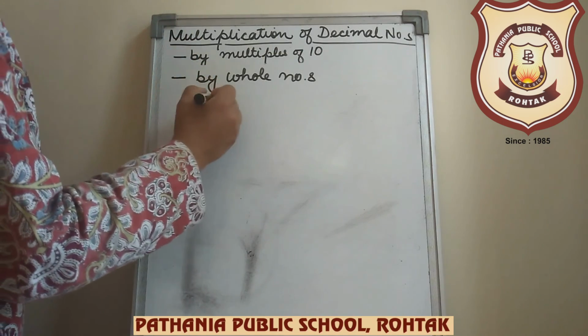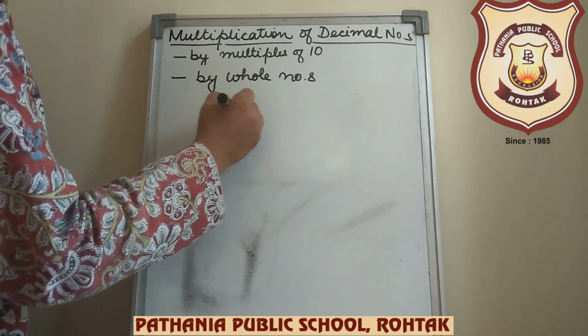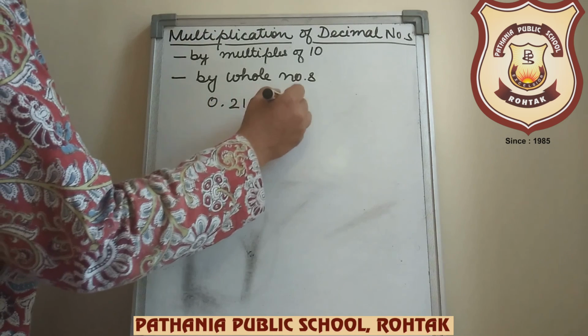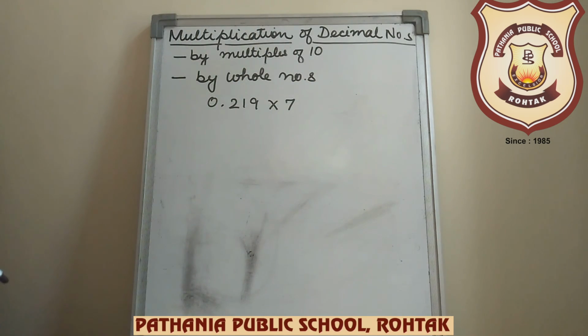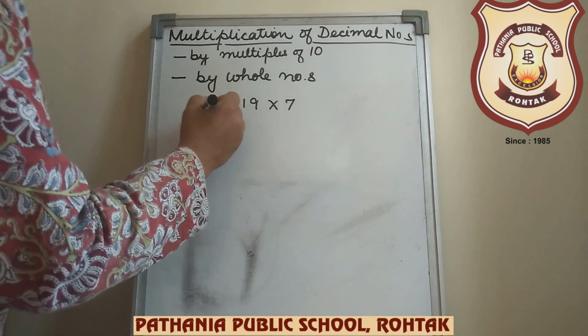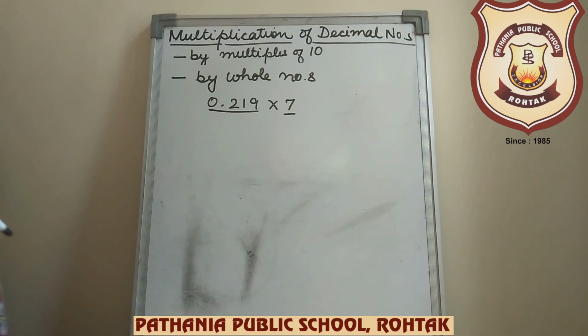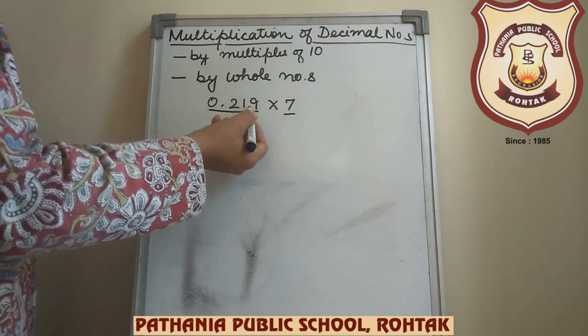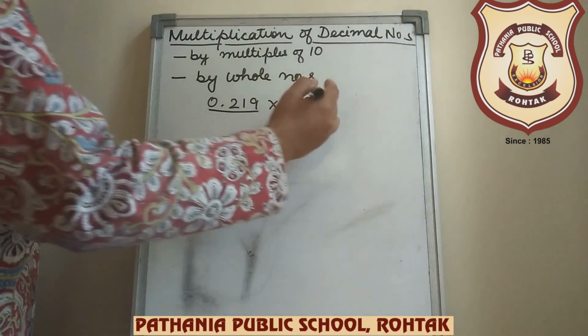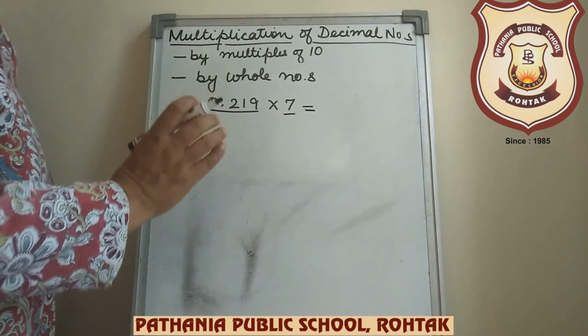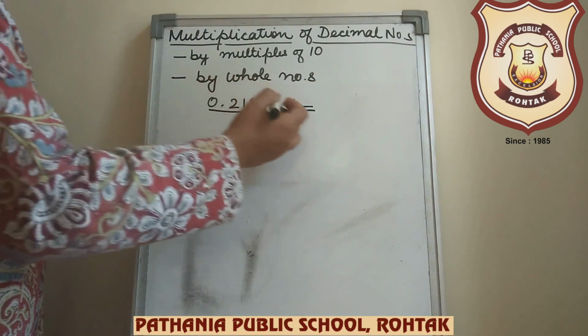Now when I am writing the product of decimal and the whole number, this number is with decimal and there is no decimal with this other number. That's why it's a whole number. So how do you multiply? Just multiply as you were doing your multiplication of whole numbers.